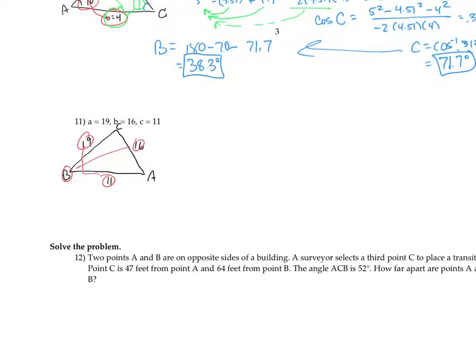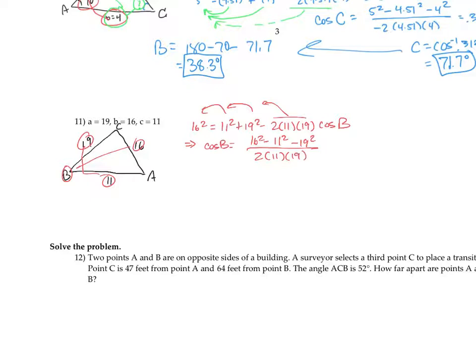That gives me 16 squared equals 11 squared plus 19 squared minus 2 times 11 times 19 times cosine of B, which is going to give me that cosine of B is 16 squared minus 11 squared minus 19 squared, because I'm moving these over, subtracting them, and then dividing that off, divided by 2 times 11 times 19.